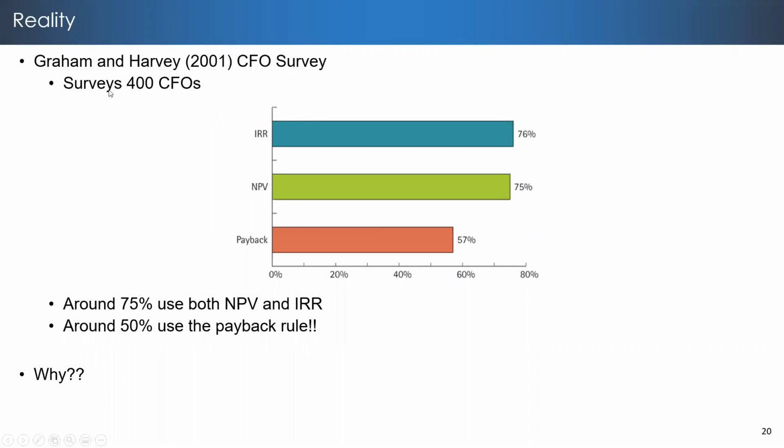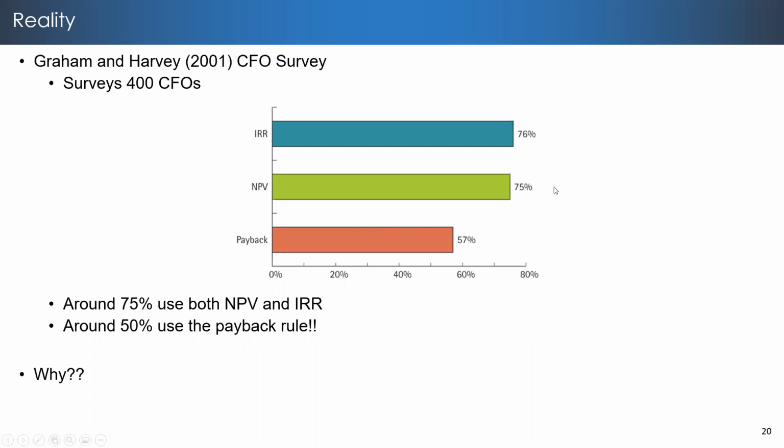But in this research by Graham and Harvey, I think two professors from Harvard, they surveyed 400 CFOs and asked them basically what kind of rules they use for valuing future investment opportunities. This is their answer.